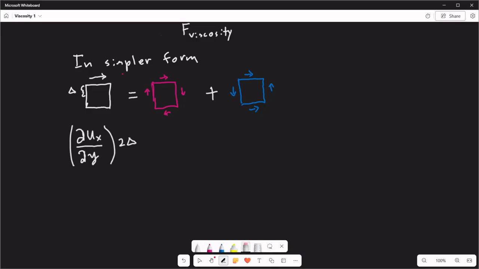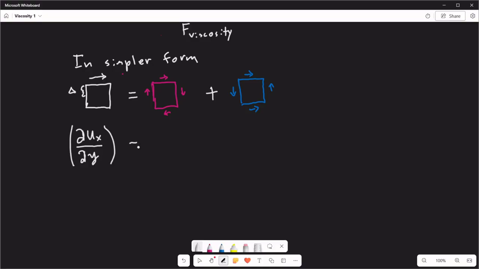Oh, I'm actually going to erase that. So this guy basically corresponds to the entire block, the expected dux dy, so there's a difference in velocity from the top to bottom of this skin cell.